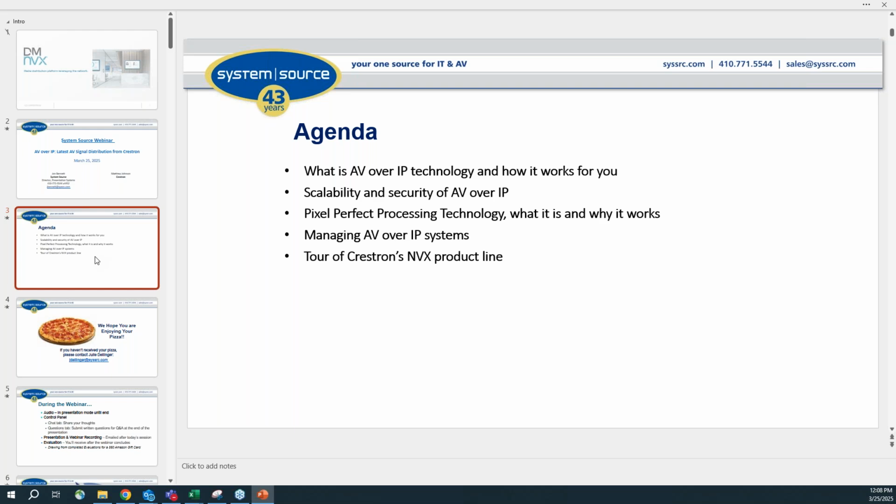Eventually the AV industry got into the IP world, and that was for logical reasons. It really had to be based on scalability and expandability and security. Those three things were very hard for the AV community to do by other means, and so the IP universe really opened us up to that sort of stuff.